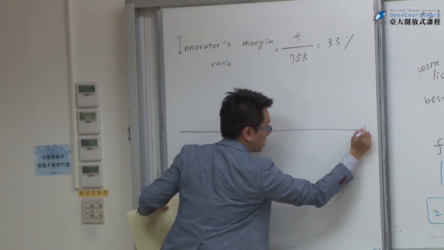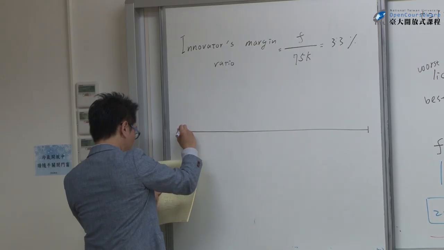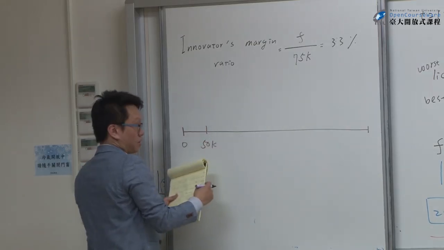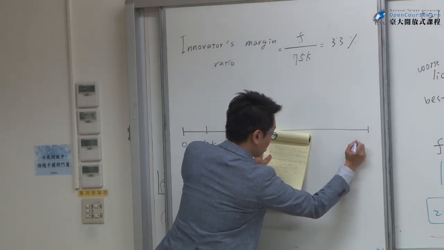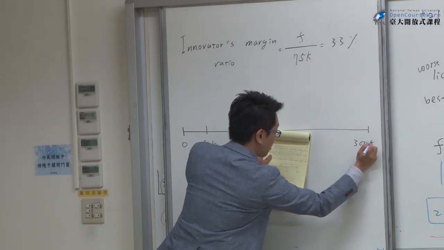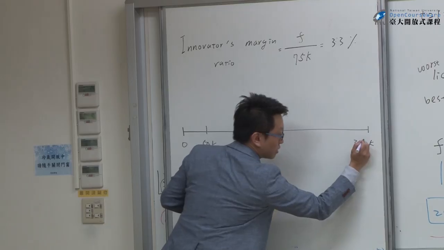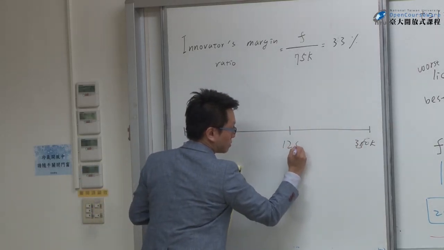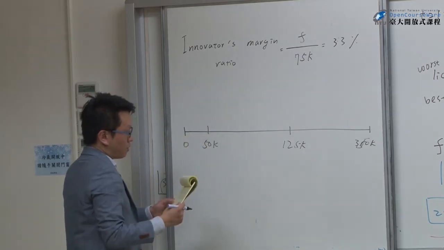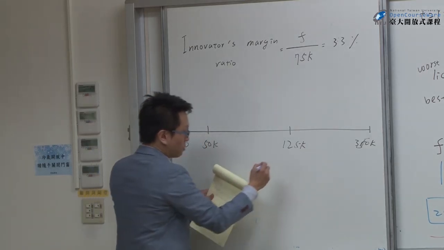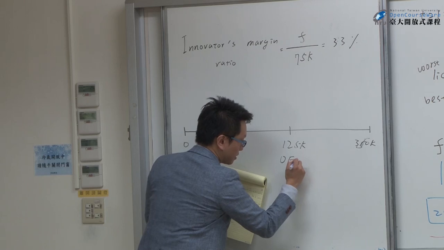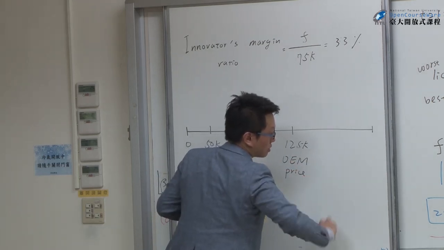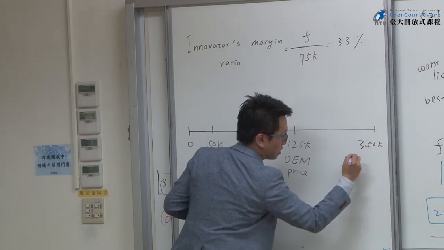We start to see the product focus value creation diagram. Production cost is 50K. And the retailer sells to the customer, charging 300K, 350K. And from what I did before, the OEM price is 125K. This is the retail price.